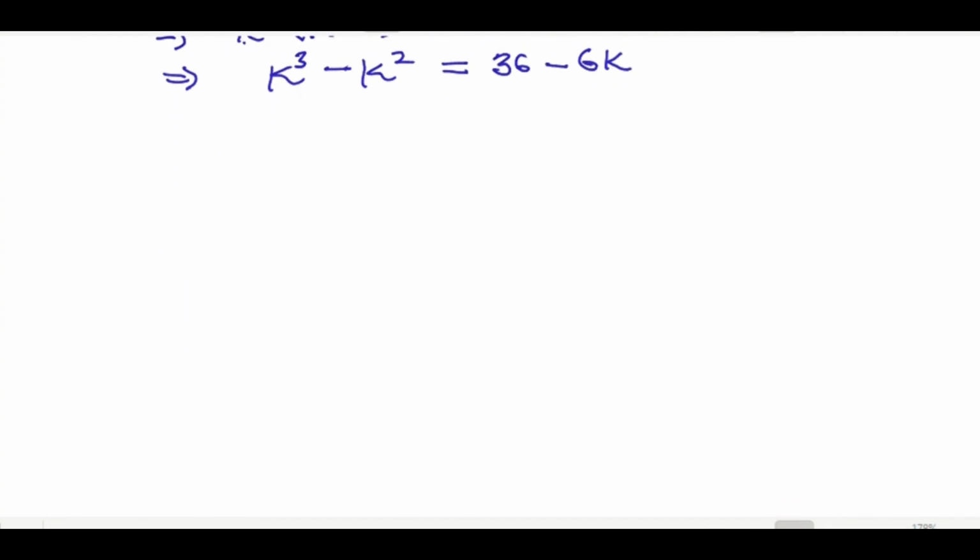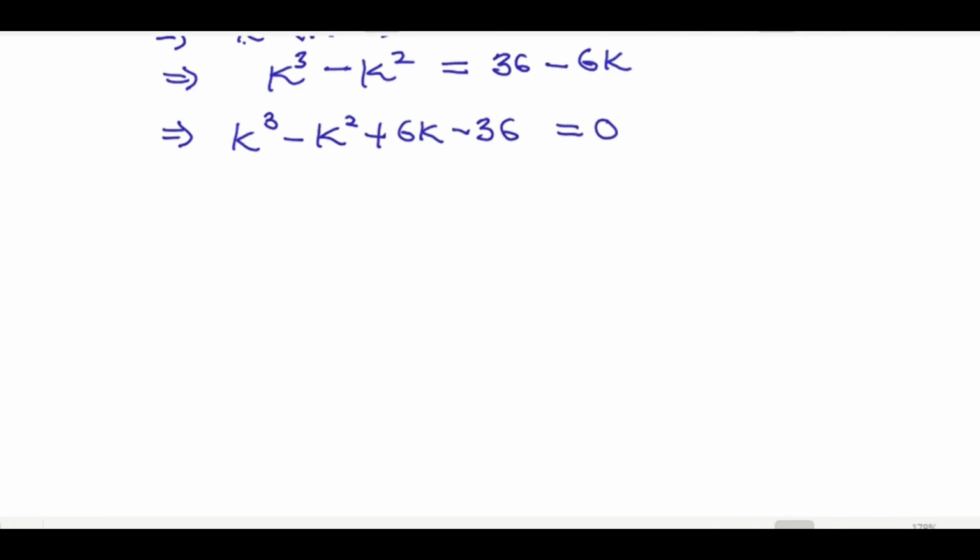Now here we rearrange the equation. So we have k to the power 3 minus k squared, and the minus 6k across to that side will become plus 6k, and 36 will become minus 36 equals 0.